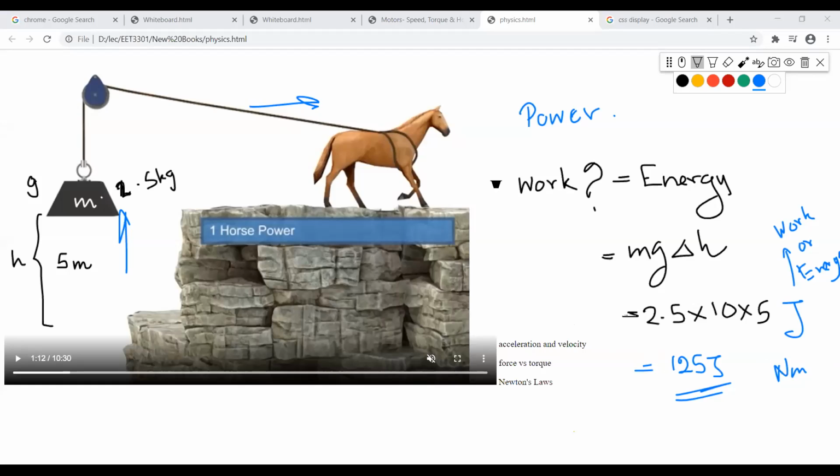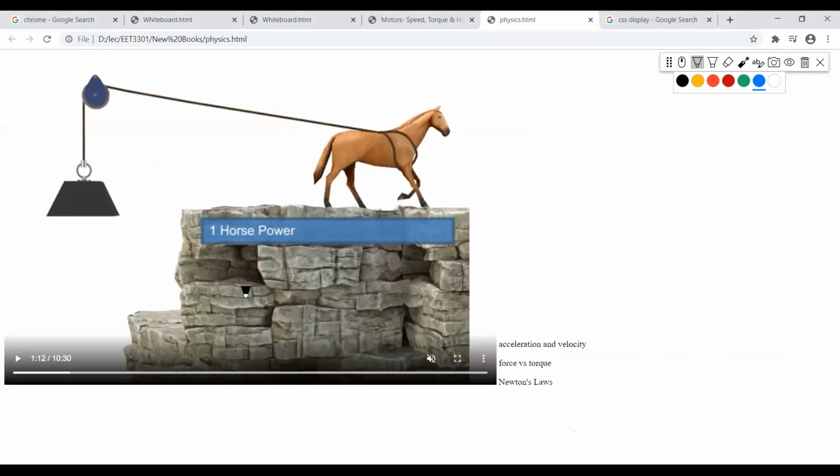Now, let me erase these things for a moment. So now you know that we calculated it using the difference of potential energy. In this case, the horse is moving the weight, right?